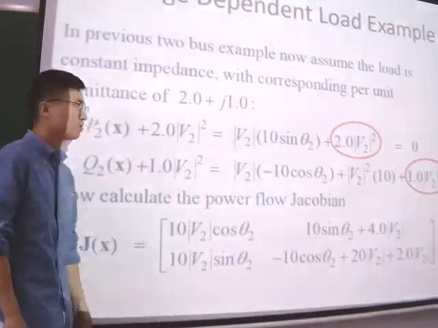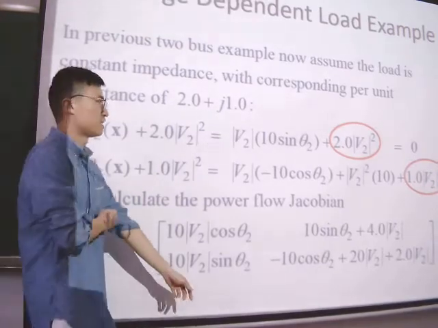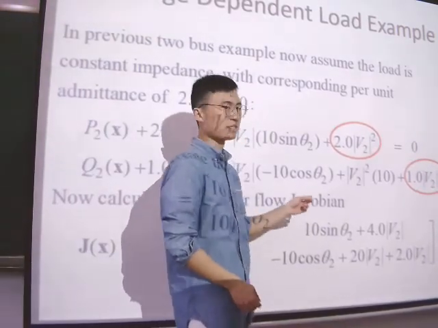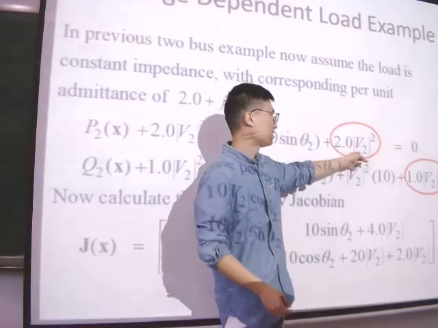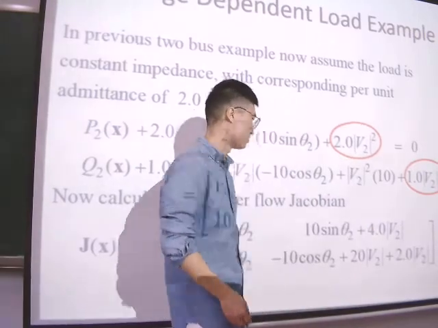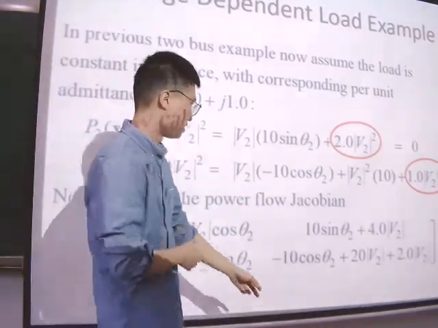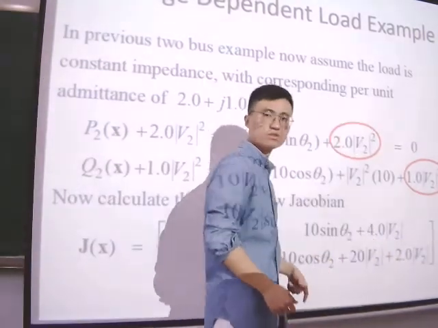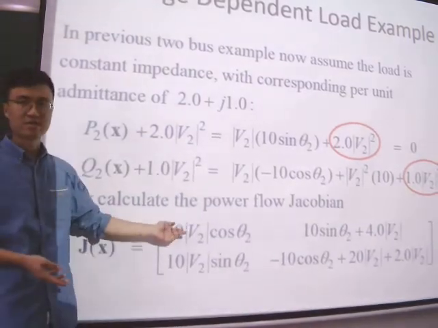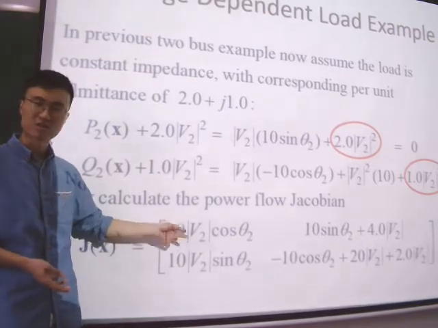What we need to focus on is just the differentiation with respect to V2. Here it's like 2V2, is 4V2, and here there is an actual 2V2. So it's just a very small change of the previous Jacobi matrix.